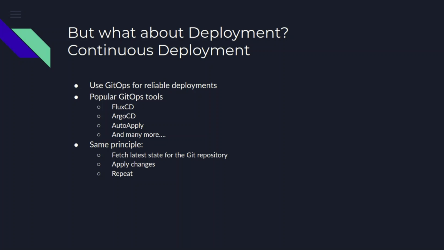GitOps is basically a strategy where you declaratively define what needs to be deployed. A lot of tools have come up to provide a solution for GitOps. GitOps actually stands for Git operations. Tools like FluxCD, ArgoCD, AutoApply are some popular tools which follow the GitOps strategy for deployments.